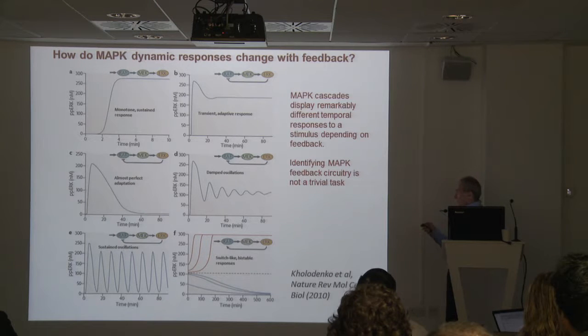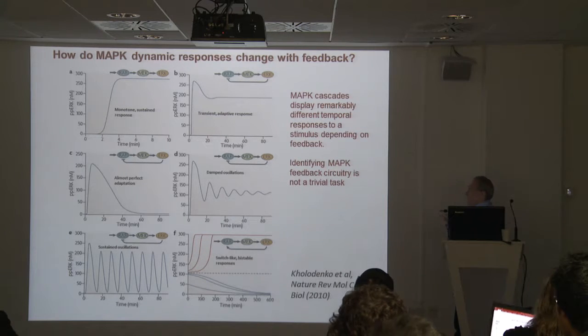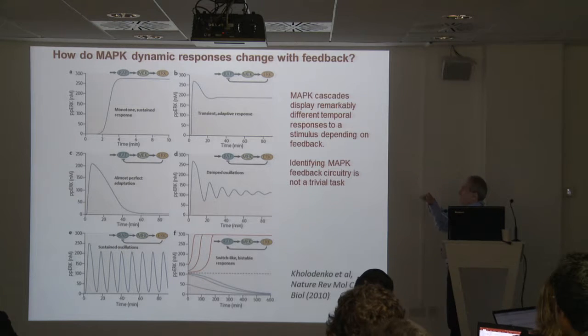Here is a model which I usually show to students: a simple model of Raf-MEK-ERK, the same MAP kinase cascade, and the only variable which changes is the feedback strength. So there is a feedback from ERK to Raf.